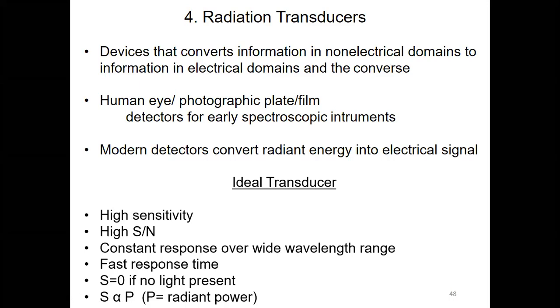And if there is no radiation or light, it should show a zero signal. That means the background signal should be zero when there's no light. And the signal should be proportional to the radiant power or the strength of the radiation.